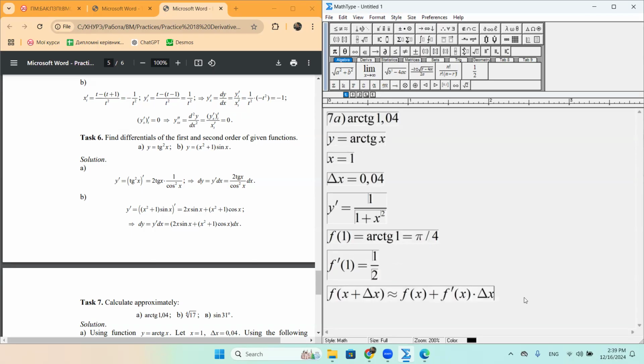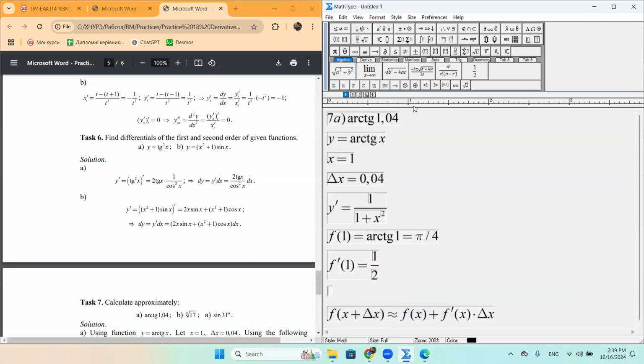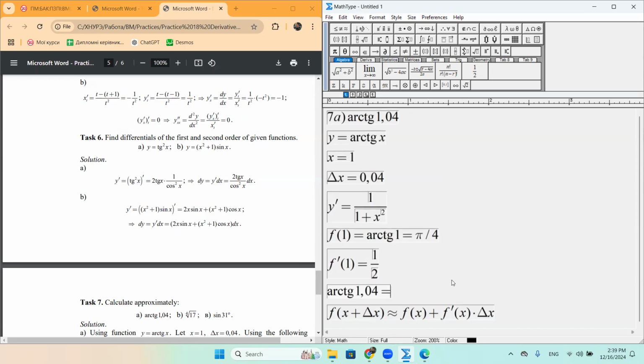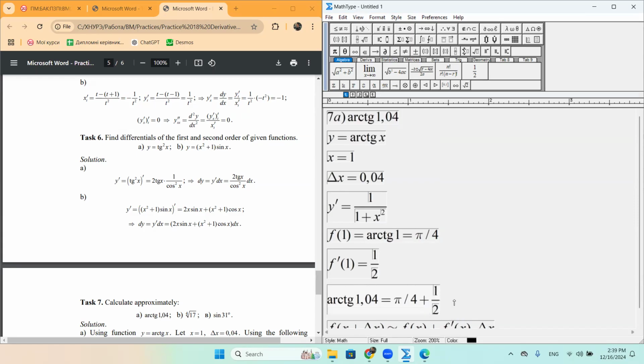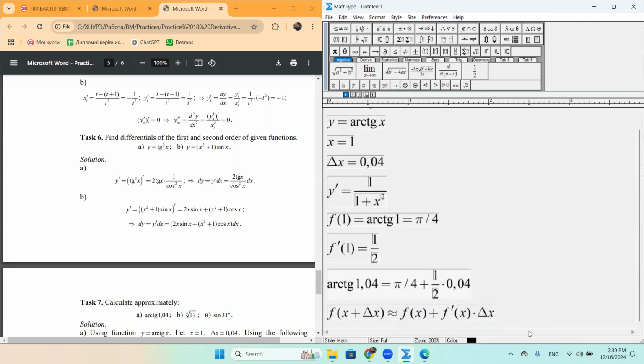Okay, and now let's calculate the arctangent of 1.04. So pi by 4 plus 1 second multiplied by 0.04.